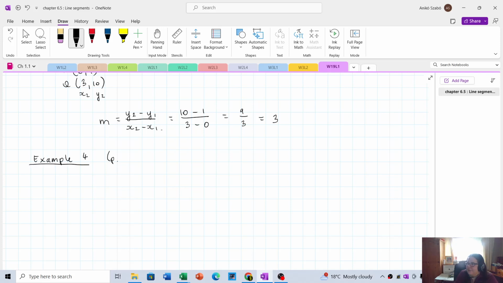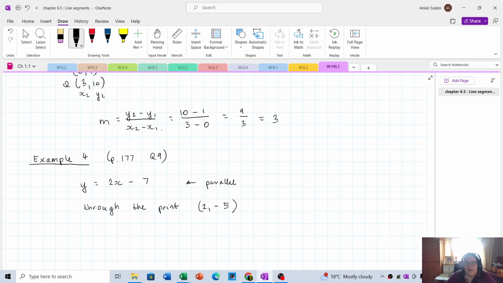We will go through question 9. So we've got an unknown line which is parallel to the line y equals 2x minus 7. So parallel to this. And goes through the point (2, minus 5).